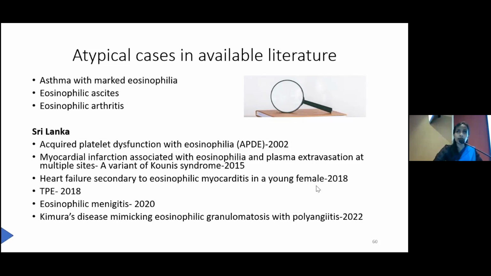And interestingly, there were several other atypical cases reported from Sri Lanka, like acquired platelet dysfunction with eosinophilia, myocardial infarction with eosinophilia, which was described as a variant of Loeffler's syndrome, heart failure secondary to eosinophilic myocarditis in a young female, and there was a case of tropical pulmonary eosinophilia described in 2018, eosinophilic meningitis, and there was a recent case report on Kimura's disease mimicking eosinophilic granulomatosis with polyangiitis.